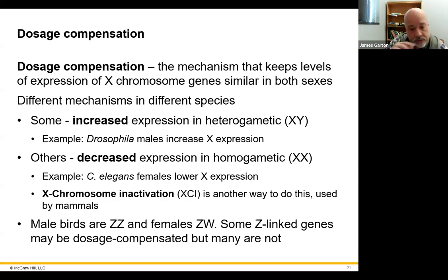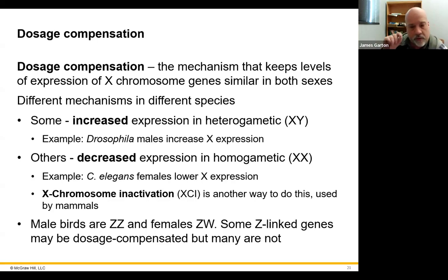And in mammals, what happens is all but one of the X chromosomes is going to be inactivated. At some point before birth, for XX, one of those X chromosomes is going to be inactivated.